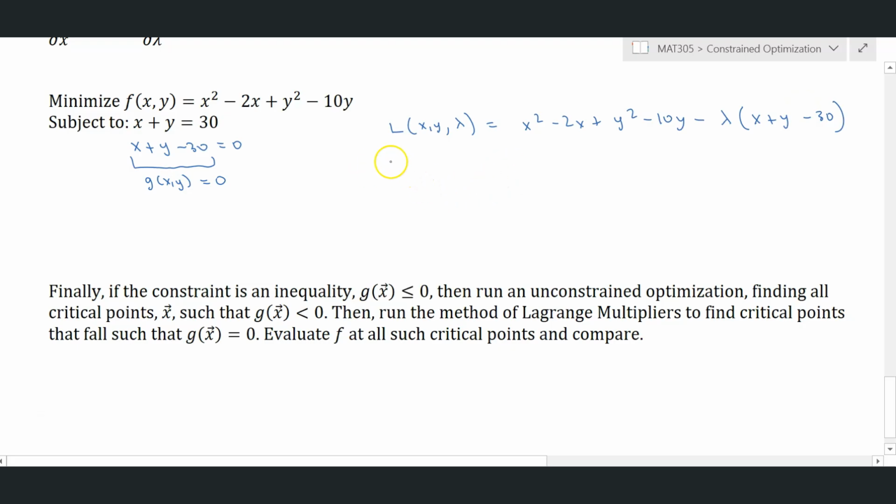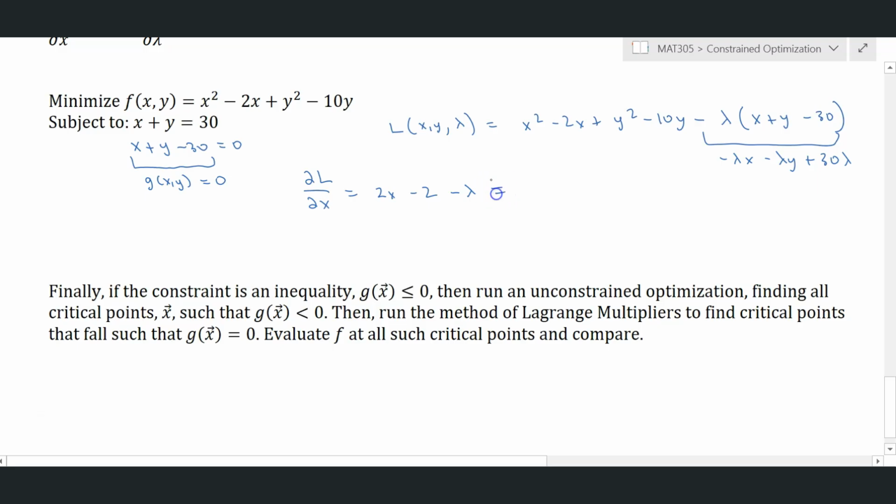Now if I take the partials, I'll take the partial of f with respect to x. When we do that, we'll get 2x minus 2, and then over here, when we distribute that lambda, notice that this will be minus lambda x minus lambda y plus 30 lambda. We're differentiating with respect to x, so we'll just get minus lambda.